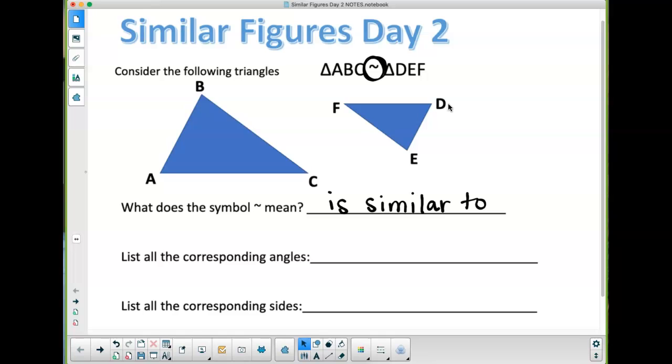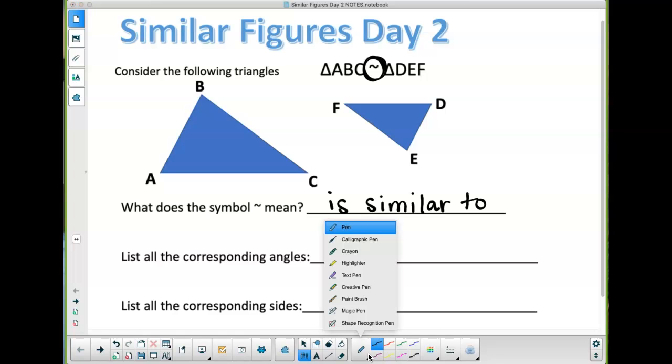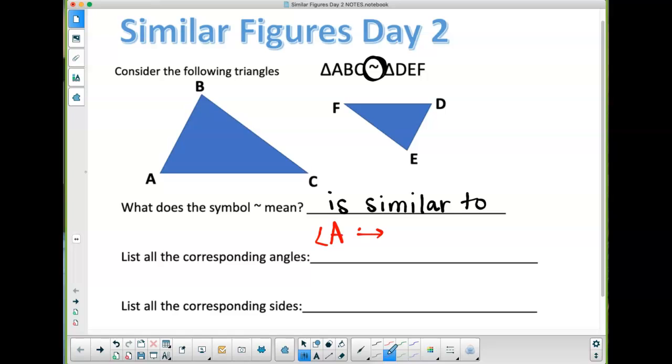I'll start it. If I say angle A, angle A corresponds to, so here's angle A. Which one does that match up with?